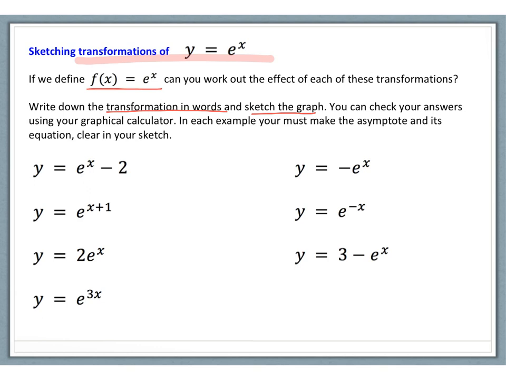You can use your graphical calculator to check whether you have sketched each transformed graph correctly. Now, in each case, you need to make sure it's clear as to what the asymptote is and what its equation is. So sketch the asymptote clearly and make sure you've labelled it with its equation. The answers will come up shortly, so make sure you pause and do this work yourself first of all.